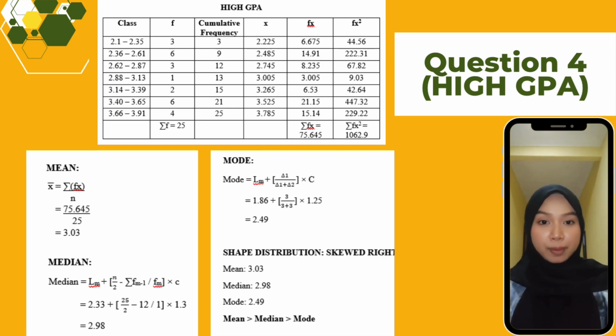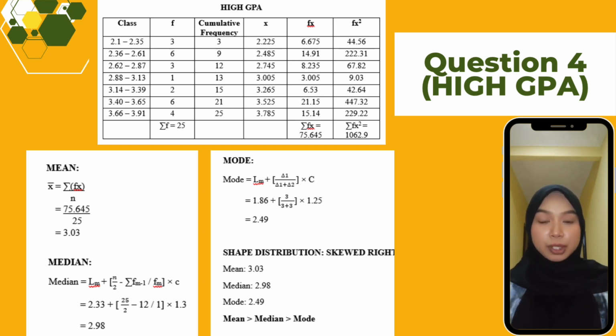First of all, we must calculate the mean, mode, and median, then we will get the shape of the distribution, either normal, right skewed, or left skewed. For high school GPA, the mean is 75.645 divided by 25 equals 3.03. To calculate the median: 2.33 plus bracket 25 divided by 2 minus 12 divided by 1 close bracket multiplied by 1.3.